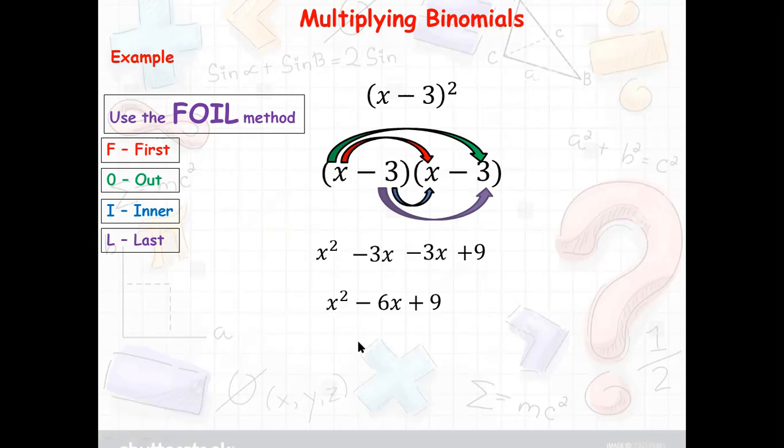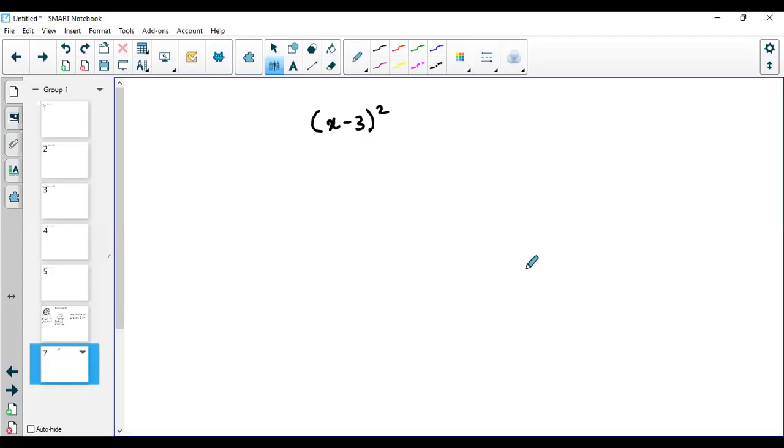Now let's see using the vertical method how we can do that. Using the vertical method of multiplication, (x minus 3) whole squared means x minus 3 multiplied by x minus 3. So let me write it down in a vertical way.